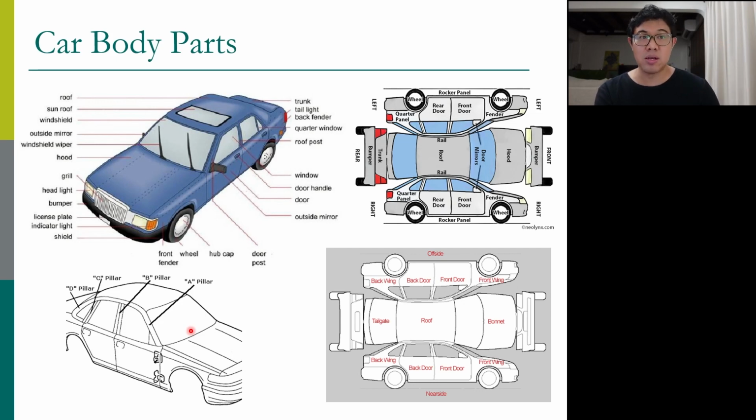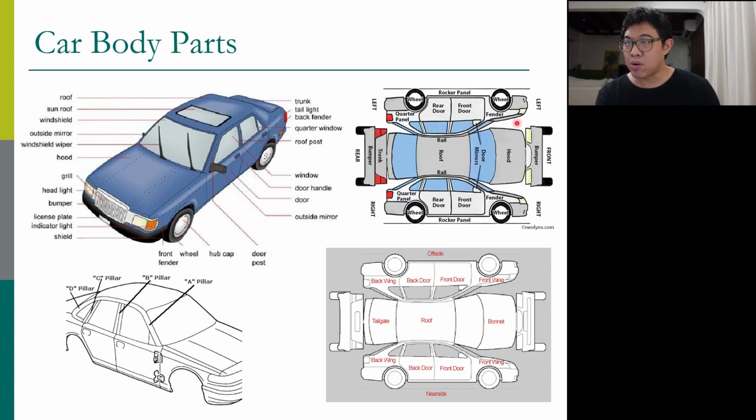The picture above, I believe, shows the US English names. The picture on the bottom shows the UK, the British English names. There are different words for car components or body components.